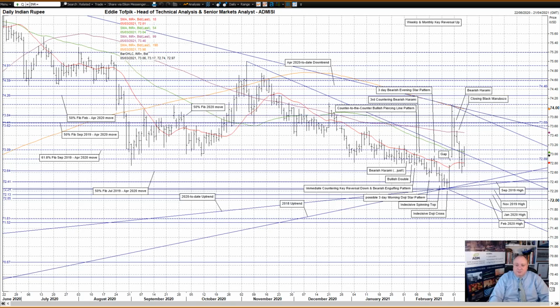US dollar against the Indian rupee. A fourth bearish black crow yesterday and a test down, but failure to close below the 50% Fibonacci line of the July 2019 to April 2020 move at 72.64. My recently drawn bearish Andrews pitchfork for the early November 2020 to late January 2021 action is showing some interesting aspects.